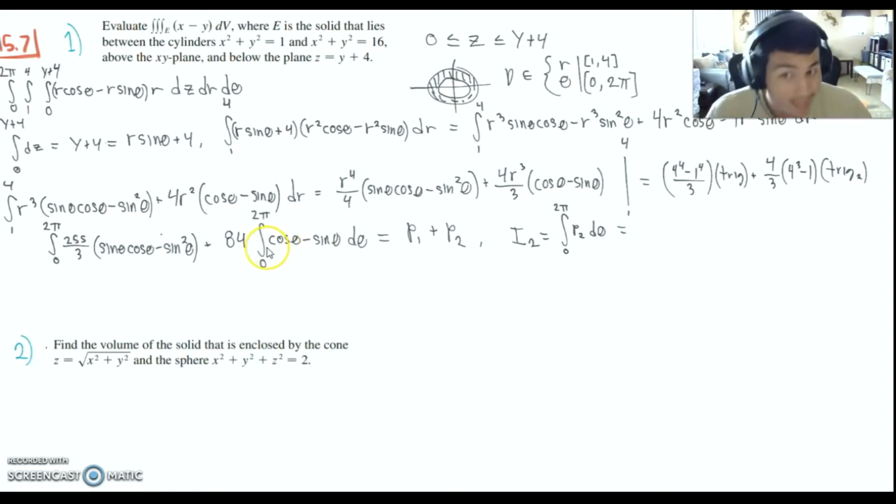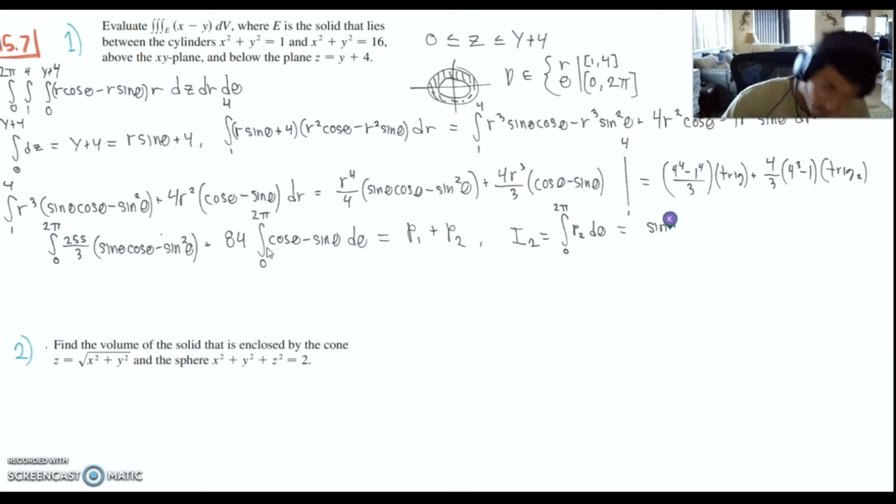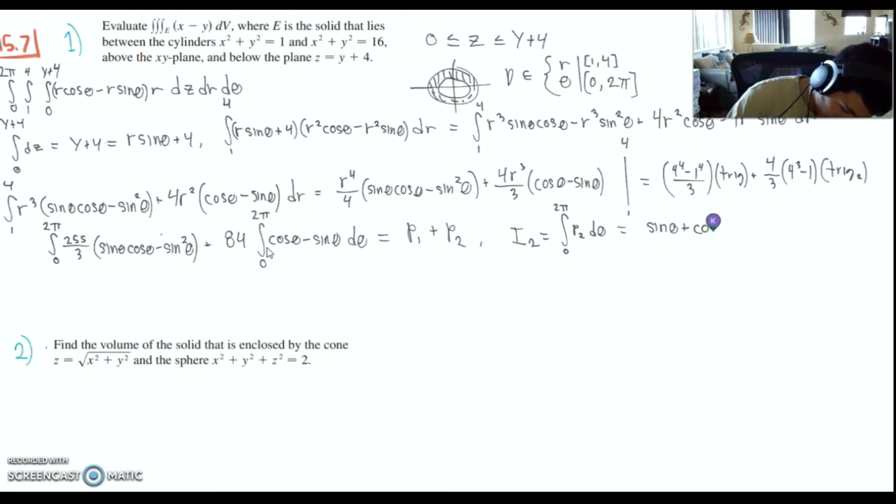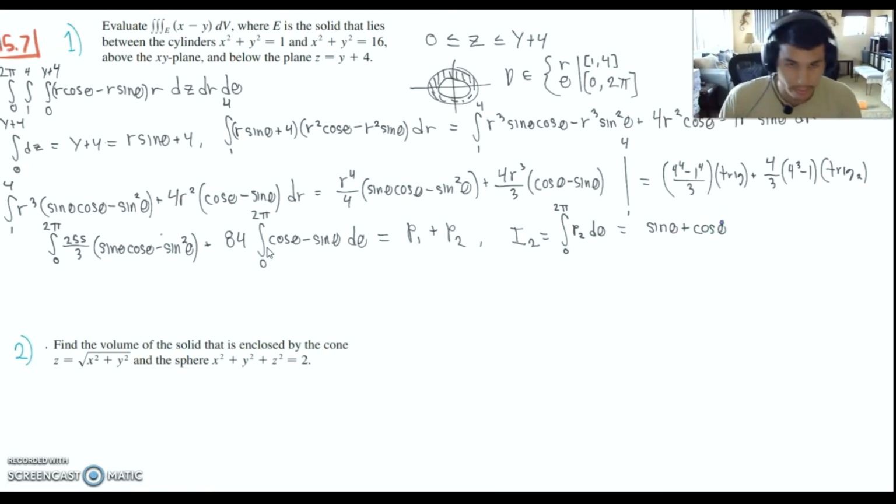Okay. Cosine theta, what does that turn into? That turns into sine theta. Negative sine theta turns into positive cosine theta. Right? If we take the derivative of cosine theta, we would get negative sine theta. Yes, the theory holds.